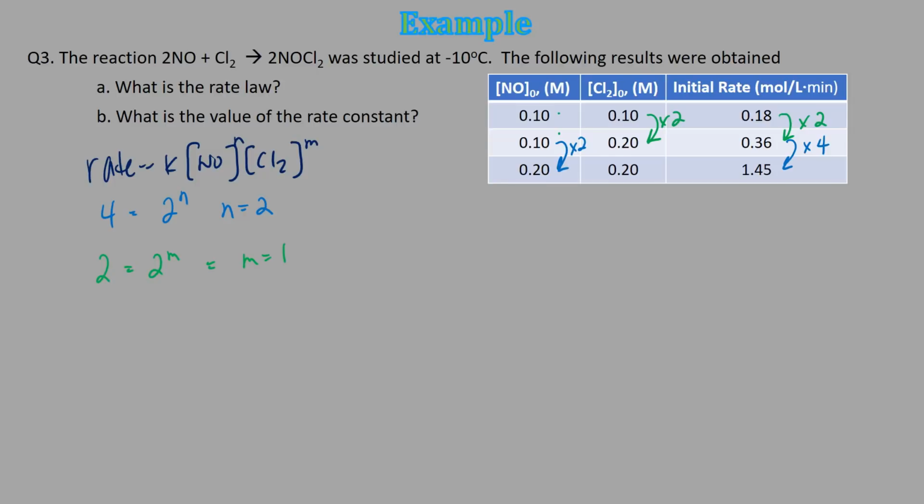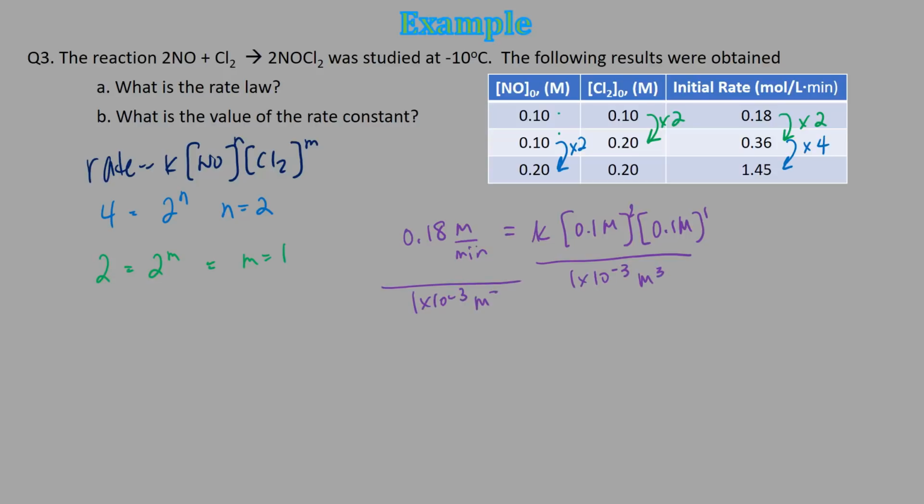So then if I plug everything in and solve for the rate constant, my answer is 180, 1 over molarity squared times a minute, because now we have minutes here in this rate law instead of seconds.